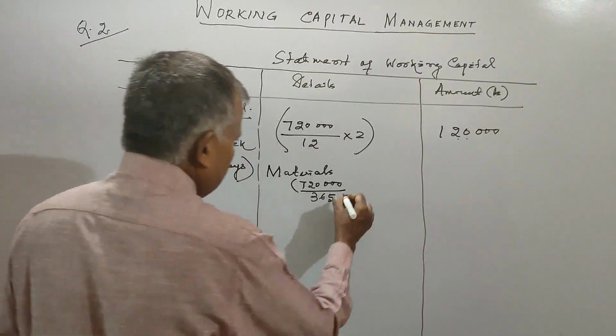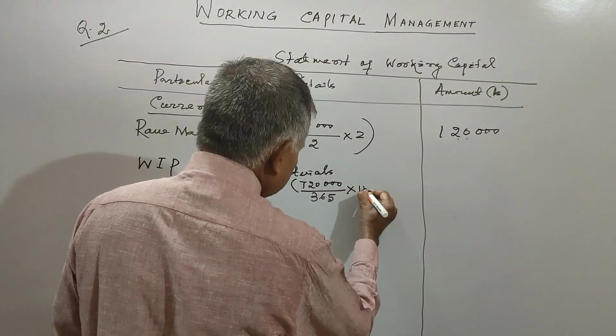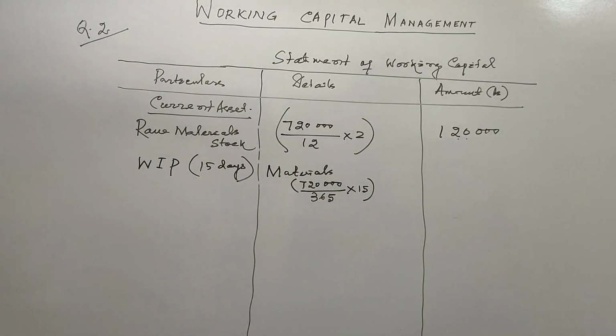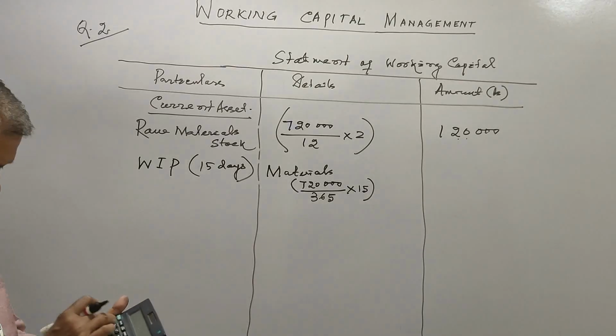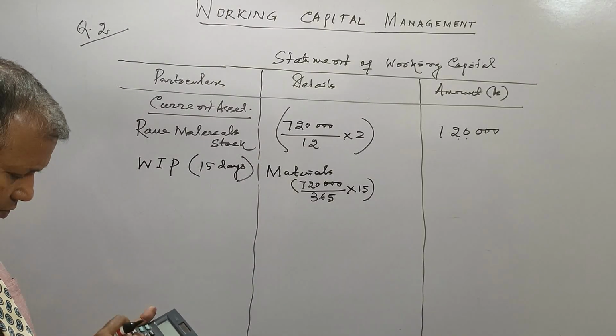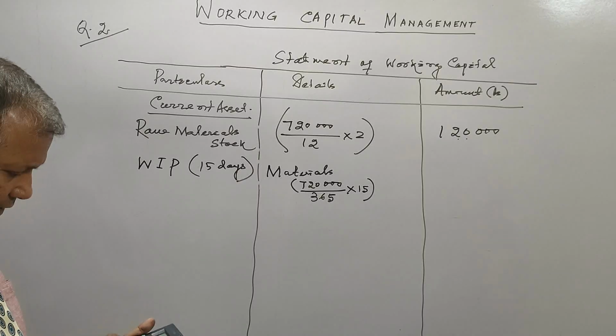If they had given months, I would have taken 12 here. So for 15 days, the consumption will be 7,20,000 divided by 365 into 15.